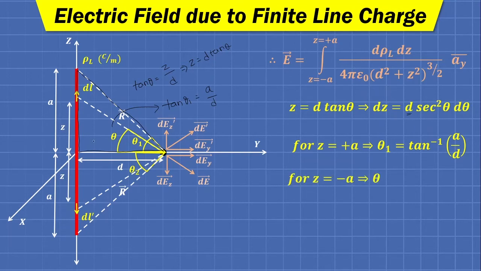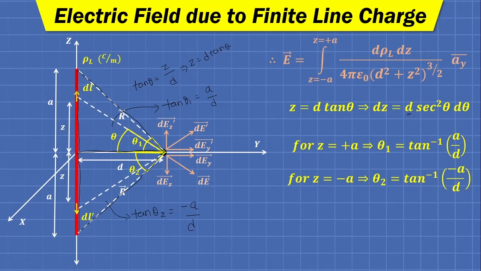Similarly, for z equals minus a, now we will consider the lower triangle, this one, and for this triangle tan theta 2 is defined as negative a divided by d. So theta 2 will simply be tan inverse minus a by d.